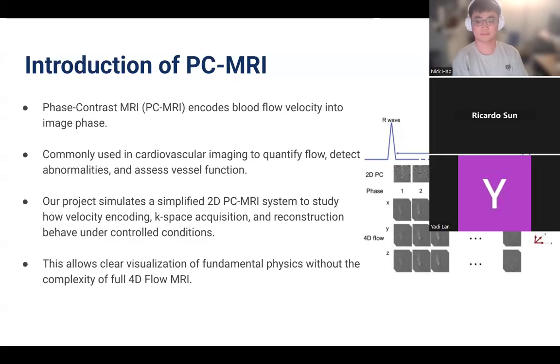This lets us zoom in on the fundamental physics behind velocity encoding, how K-space is generated, and how phase differences are converted into velocity flow maps. By stripping away real-world complications, our simulation gives us a clear view of how PCMRI actually works under controlled conditions, which helps build intuition for interpreting real MRI data and understanding common artifacts like aliasing or partial volume effects.